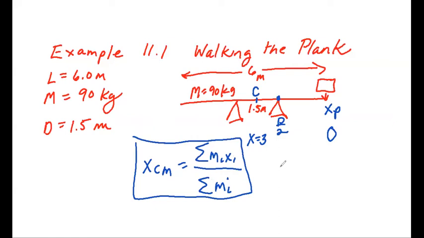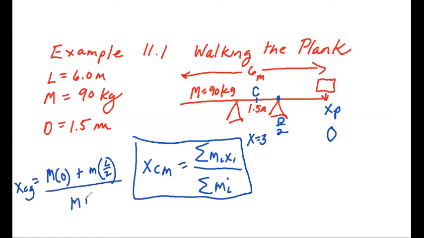So XCG equals little m at the origin plus M at L over 2, over M plus m.